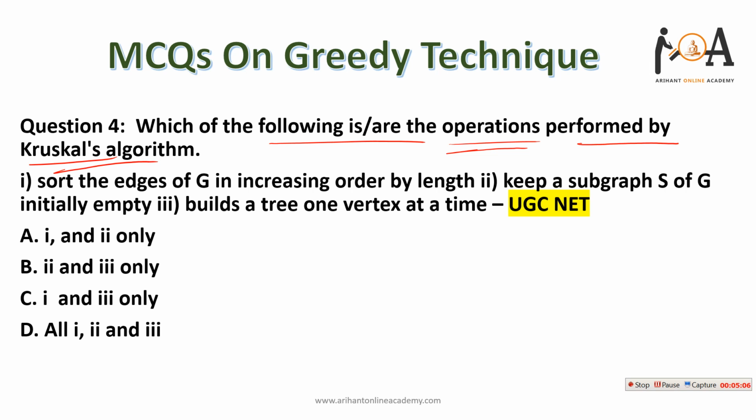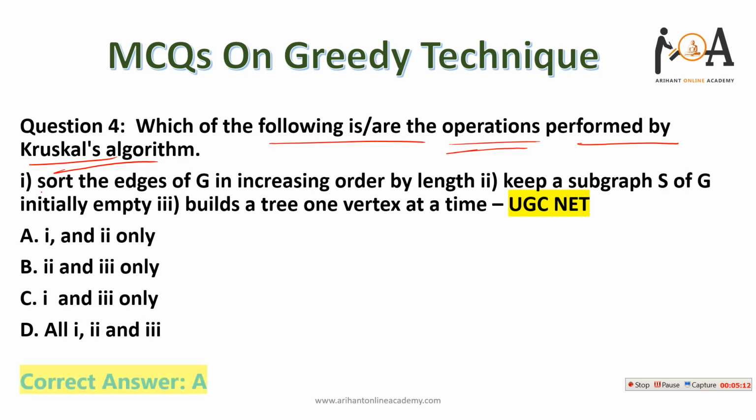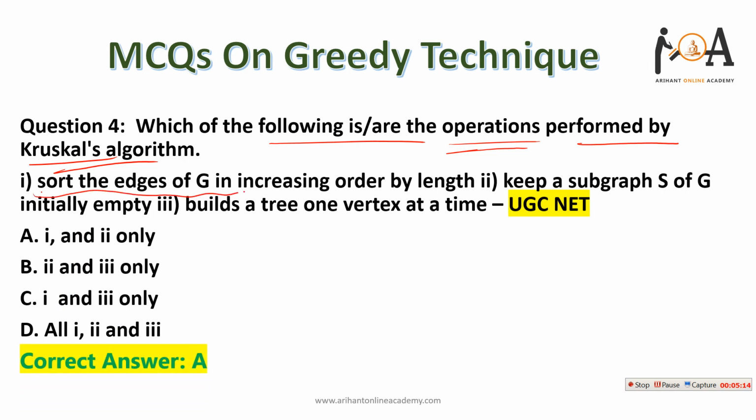So for Kruskal's algorithm, let us scan the statements first. Sort the edges of G in increasing order by length. So in Kruskal's algorithm, we sort the edges of graph G. Suppose it is my graph.